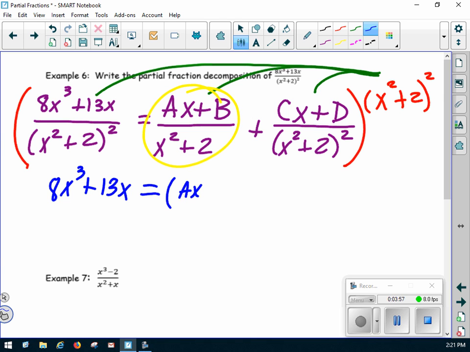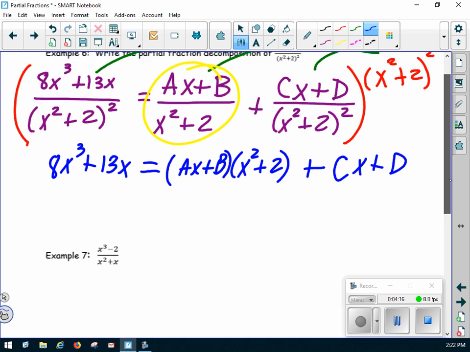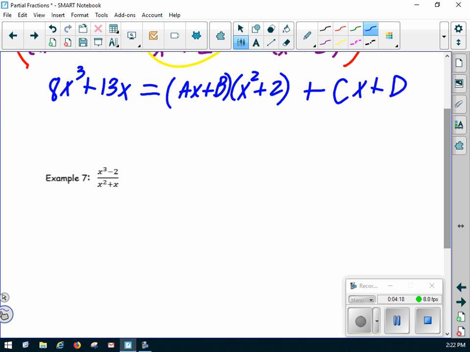I have my ax plus b times x squared plus 2. Last, it's just plus cx plus d. Good. What do you think? Good. We're going to go ahead and multiply this out.